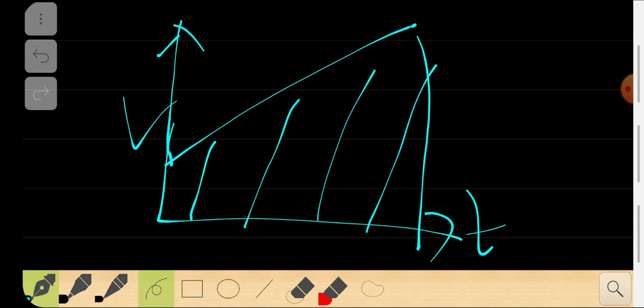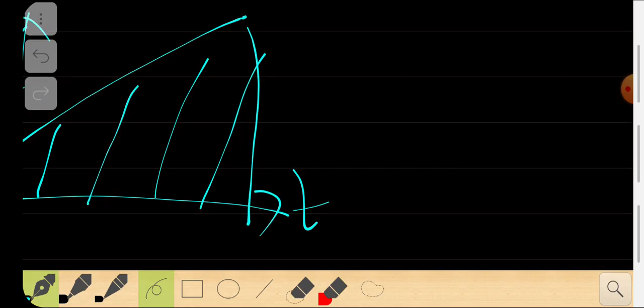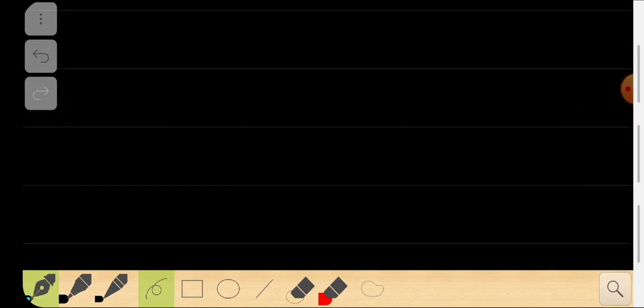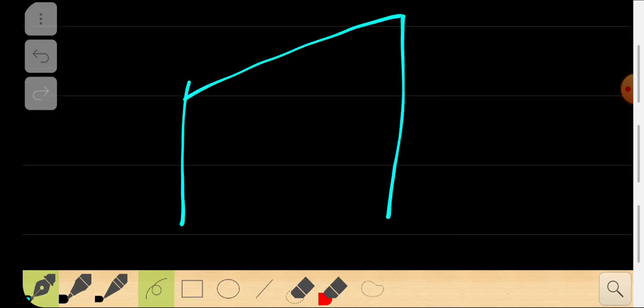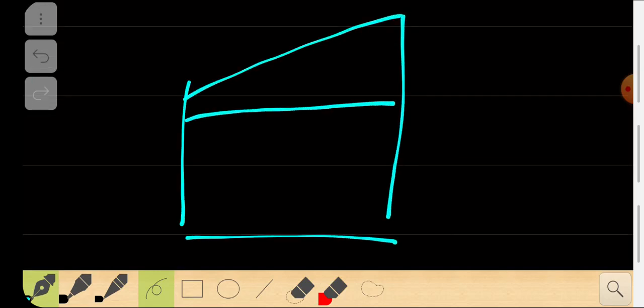Okay, that's the area under the curve will give you the total displacement. That means if you take it like this, you can say that this is our starting point, which is u, and so this distance you will start from here.